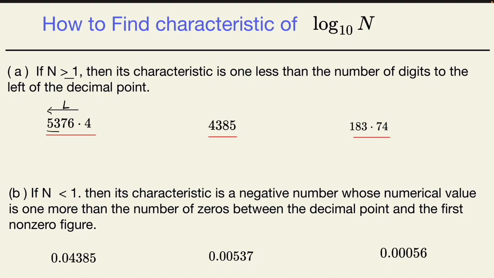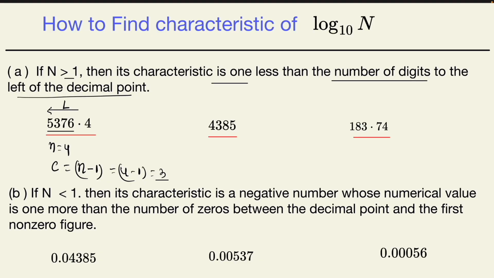How many total digits are on the left side? This is equal to 4. To find the characteristic, we use the formula n minus 1. What is n here? 4. So 4 minus 1 is equal to 3. So the characteristic here is 3. That is why it is mentioned that the characteristic is 1 less than the number of digits to the left of the decimal.